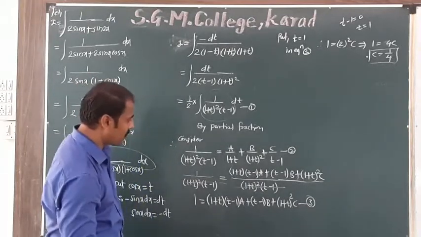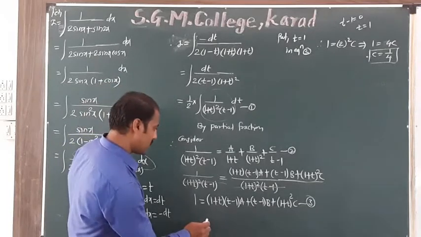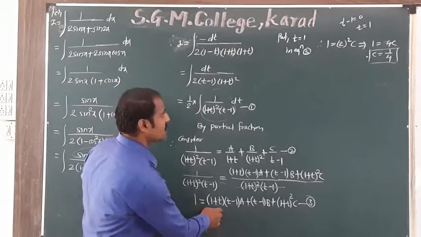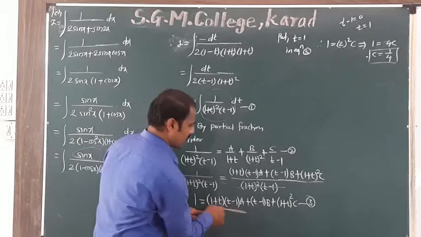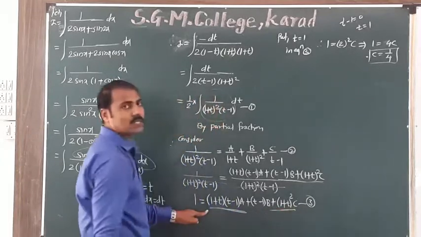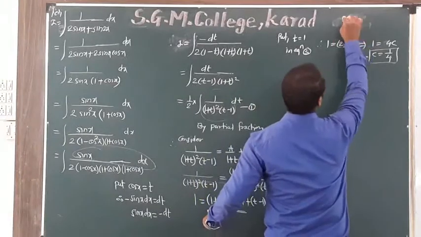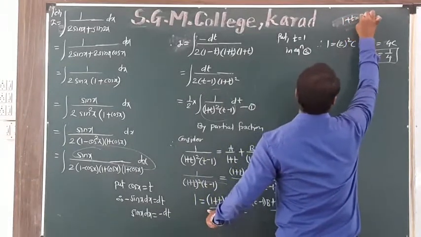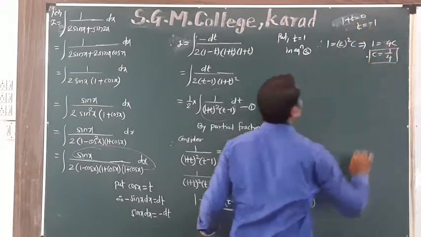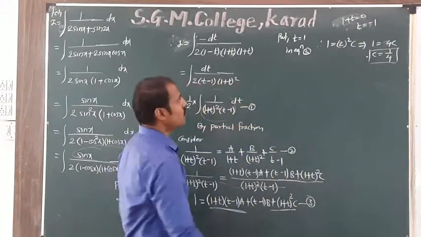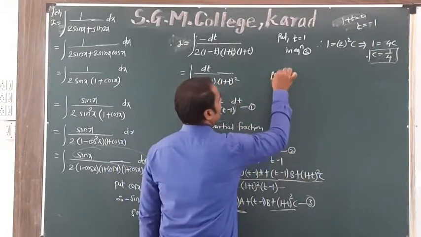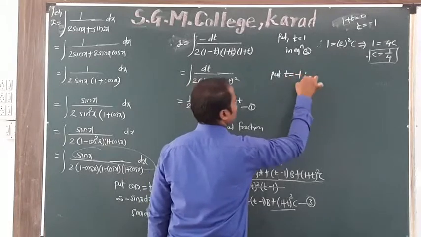One more common factor is here: 1 plus t, common in these two terms. When 1 plus t is equal to 0, t is equal to minus 1. So put t is equal to minus 1.